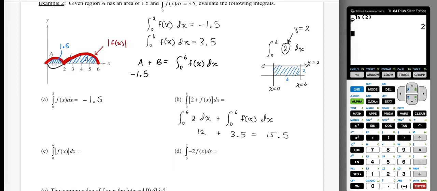B is the part that we would be looking for. That's the integral over the interval of 2 to 6 of f of x dx. And 0 to 6, that's 3.5. So just by solving this equation, we can determine that going from 2 to 6 would be 5 units.